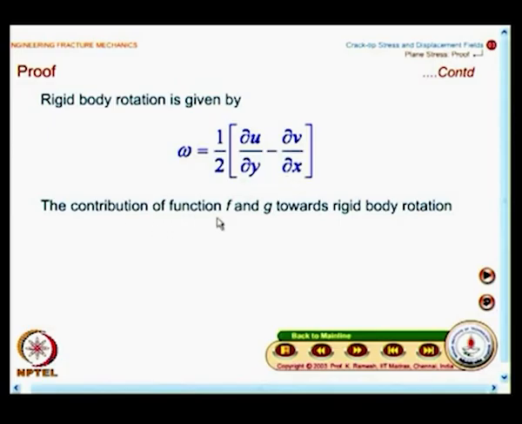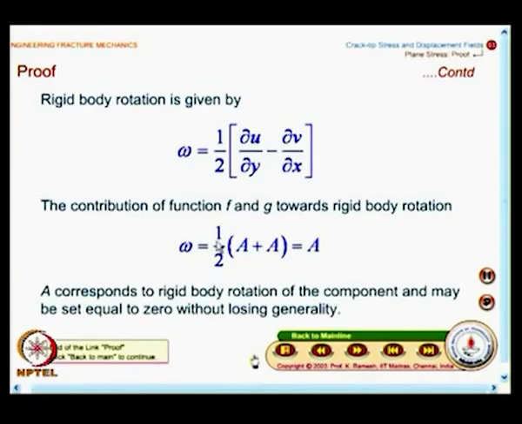So, the contribution of functions f and g towards rigid body rotation is what you are getting here. Omega equal to 1/2 of a plus a, which reduces to a constant a. A corresponds to rigid body rotation of the component and may be set to 0 without losing generality.